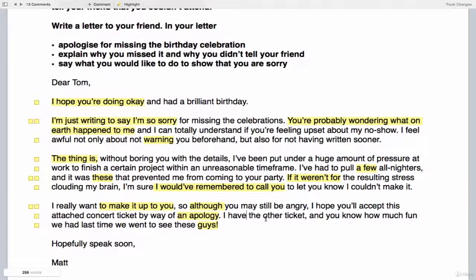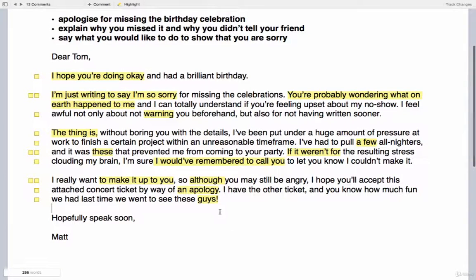You don't really get the opportunity to show your understanding of exclamation marks, ellipses and other punctuation in task 2, but you do get that opportunity in task 1 a little bit more if you're doing the general training. So you can learn about that in the grammar section in lecture 16. We finish with hopefully speak soon, and my name, Matt. And you can learn about these salutations and endings also in the vocabulary section.